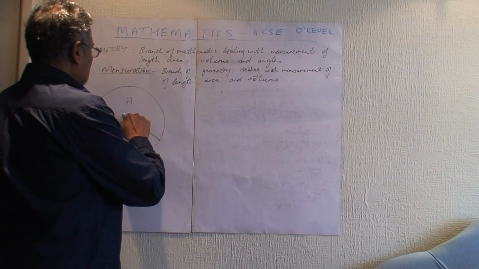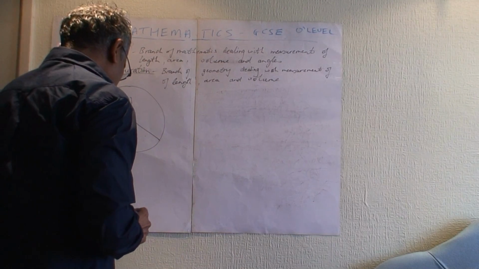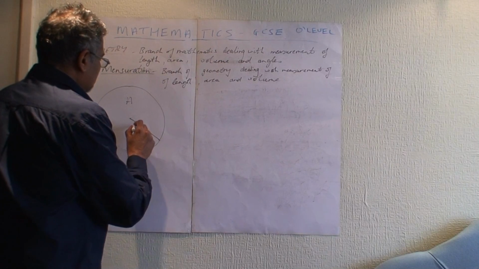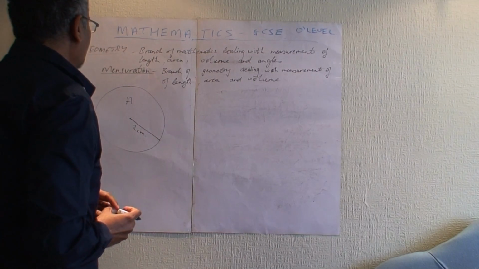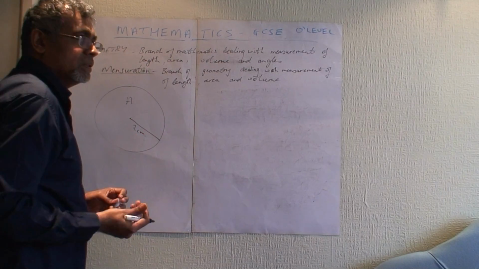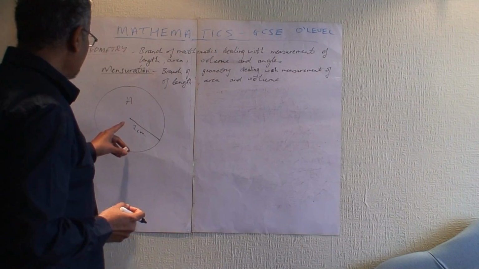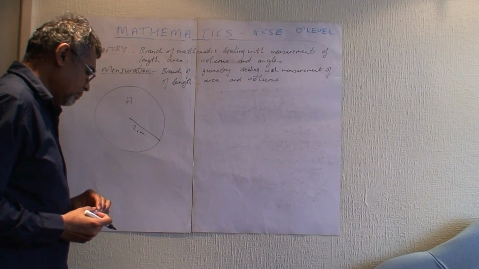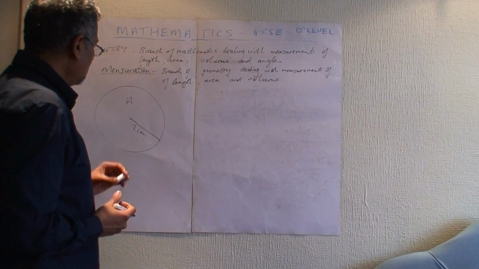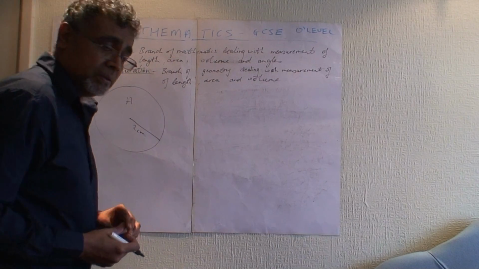So say we know the radius as being 2 centimeters. How do we find out the area just by knowing the radius? Yes, we could find the area if you only have the radius value.